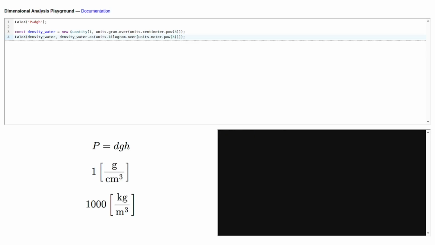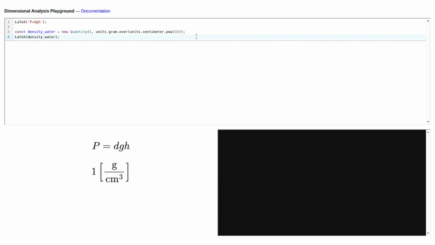So here I show the density of water the way that we defined it, grams per cubic centimeter, and I've also said the density of water as kilograms per cubic meters. And so we see both of them displayed down here. So it is either 1 gram per cubic centimeter or 1,000 kilograms per cubic meter. Like I said, we don't need this one, so I'm going to get rid of it for now.